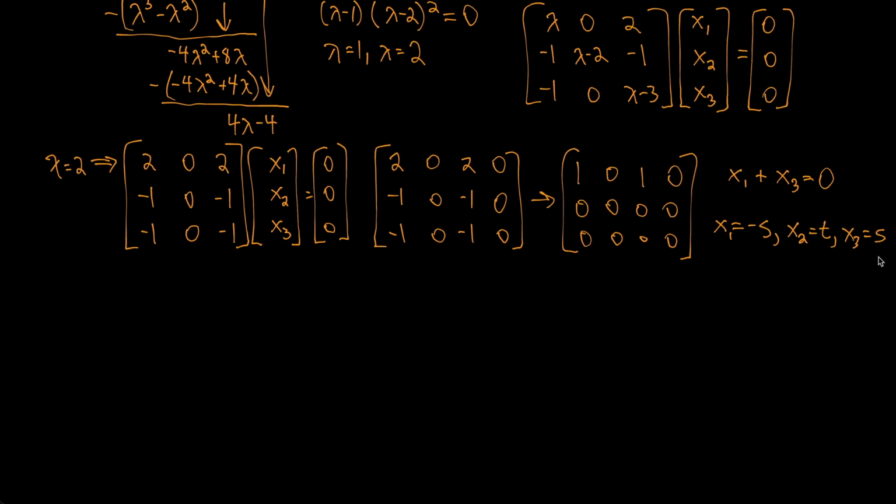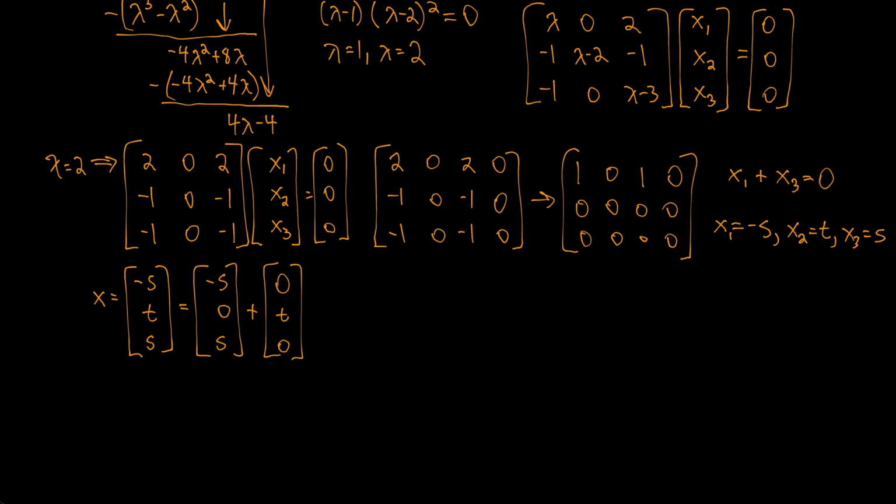Okay, so now I have x equal to minus s for x1, t for x2, s for x3. And I'll separate the s and the t this time. So I'll write minus s, 0, s plus 0, t, 0.